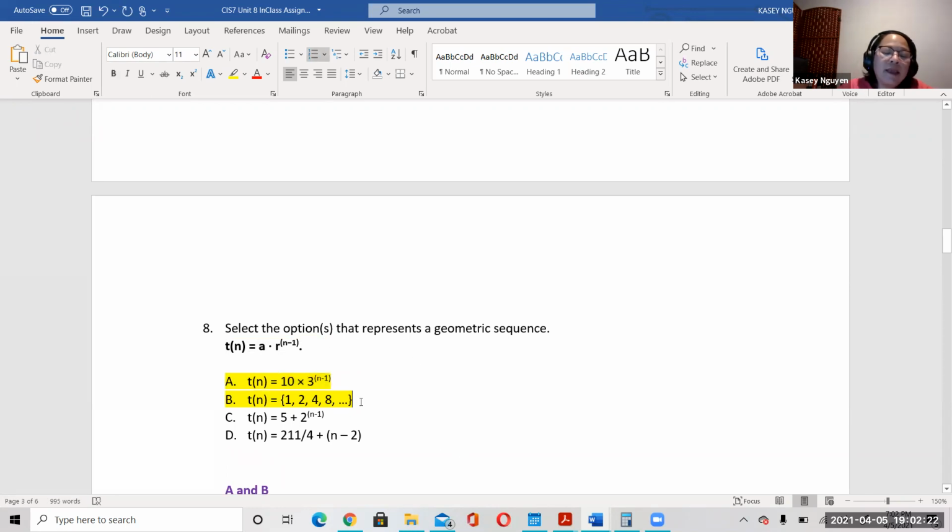What about B? Well, our first value is 1, and subsequently you would see that it is multiples of 2, right? 1 times 2 is 2, 2 times 2 is 4, 4 times 2 is 8. So yes, that is also a geometric sequence.